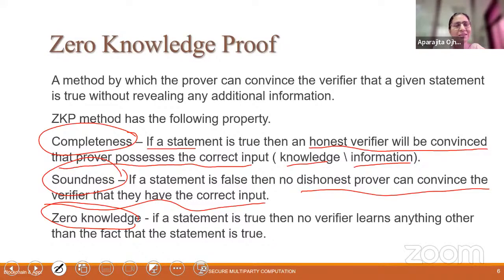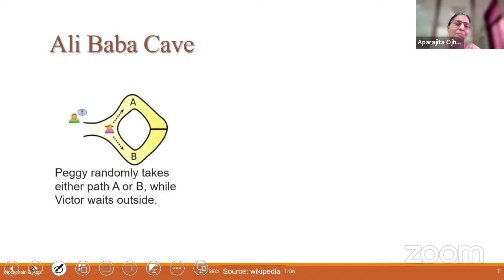Let me give you an example taken from Wikipedia, the Alibaba cave. This is a very old example. Suppose there are two people, one is a prover and the other is a verifier. The prover says that I can walk along this cave through path A or path B, and whatever path you suggest for me to come out from, I will be able to come out from that path.